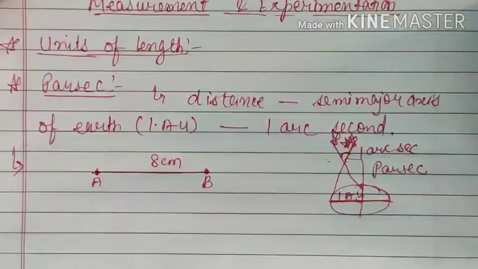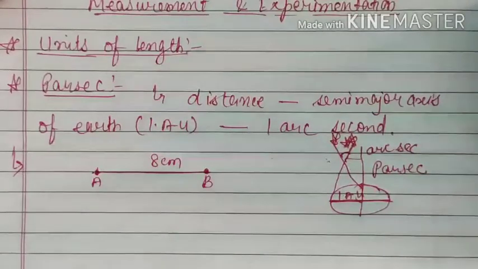Not a very big difference, a very minor one, like 0.001 or 0.005 or 0.05, but still there will be a difference. That means if you are not putting your eyes exactly on the scale, then your measurement will become inaccurate.